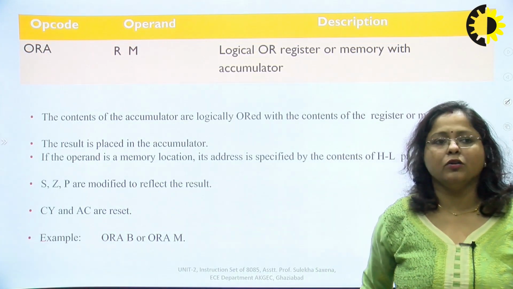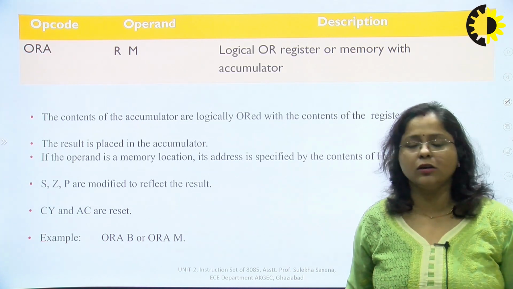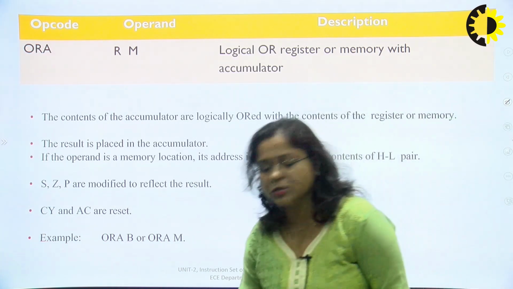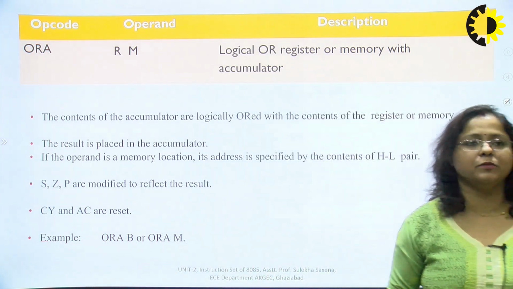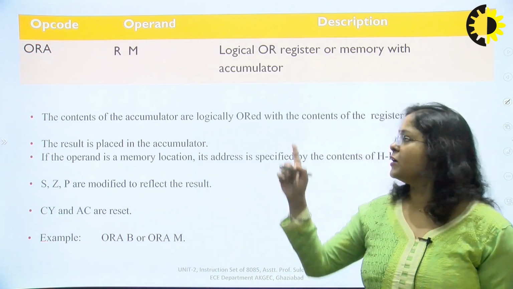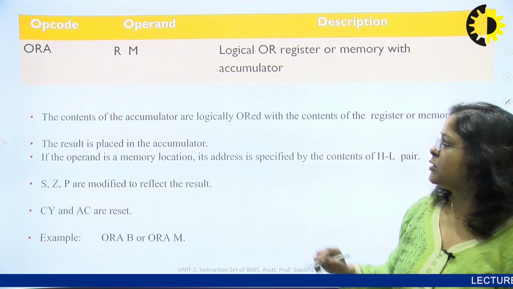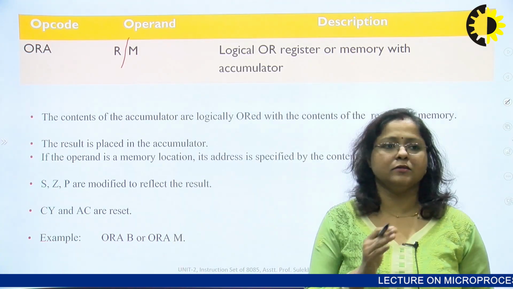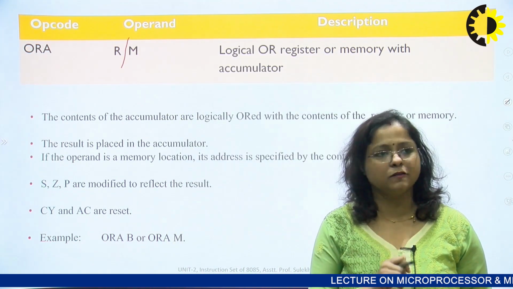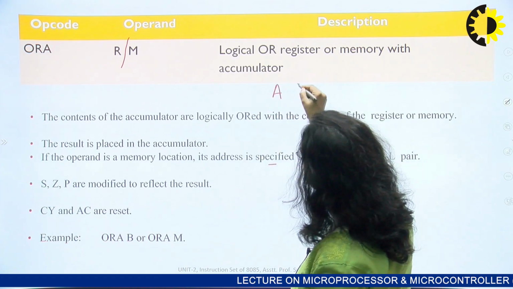Moving towards the OR operation. We all know that logical OR means the logical sum of both inputs. If both the inputs are 0, the output will be 0, whereas if any one of the inputs or both the inputs are 1, the output will be 1. So here also the content of the second operand, that is a register or memory location, is ORed with the accumulator and the result will be stored in the accumulator only.